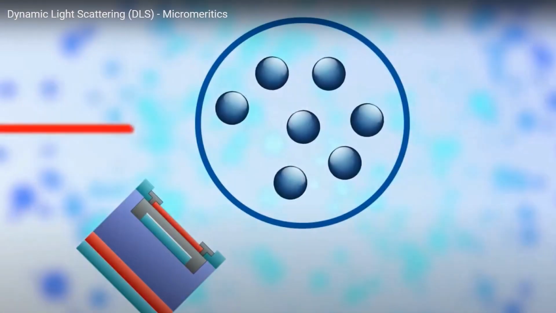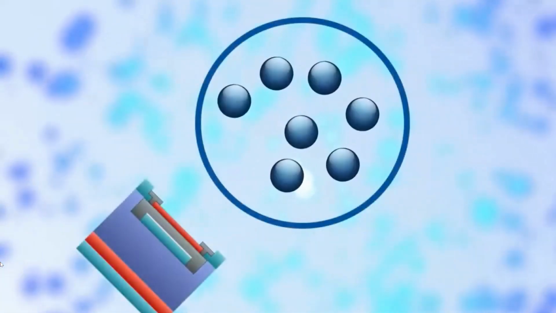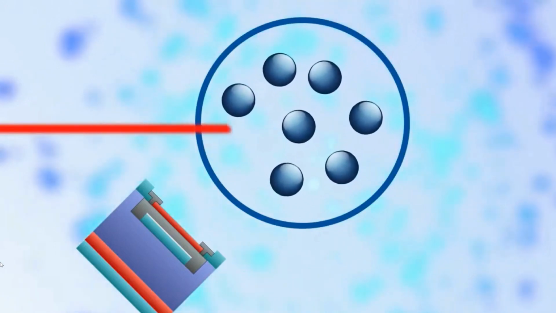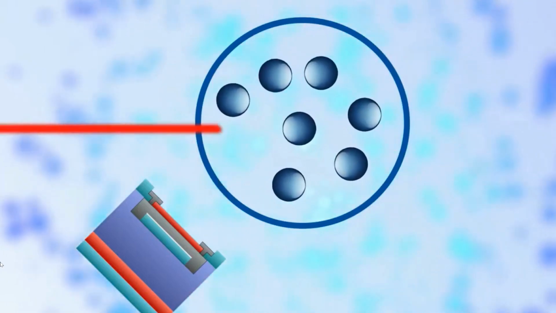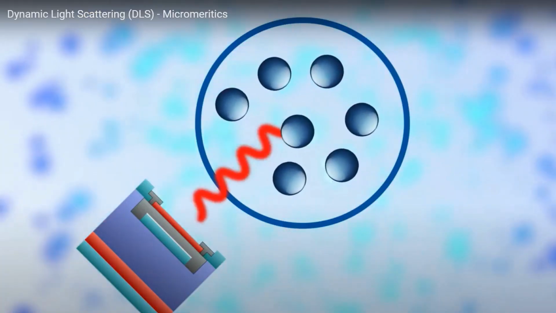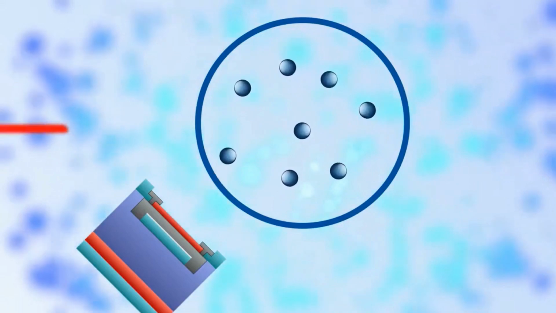The following is a video of the DLS technique which would help us imagine what the process looks like. A beam of laser hits the molecules in random motion, which then scatter light. The detector then measures the intensity of the light, translating the signal to the correlator.